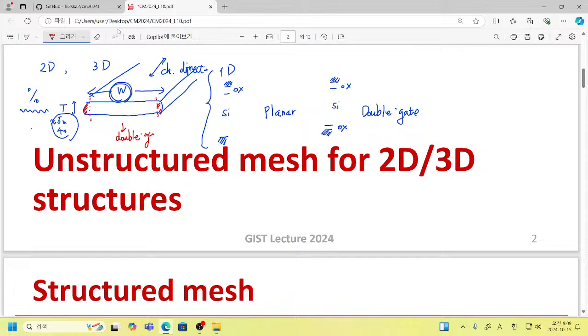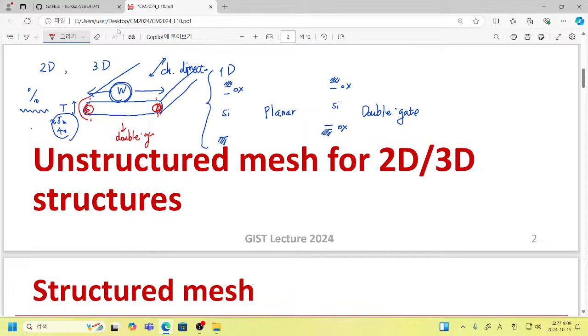This part is more highly covered by our insulator layer, and usually we know that the inversion of our carriers occurs first from this corner side, not in this central side. So accurate description of this two-dimensional structure is quite important.